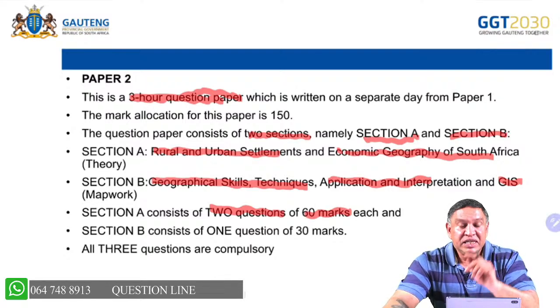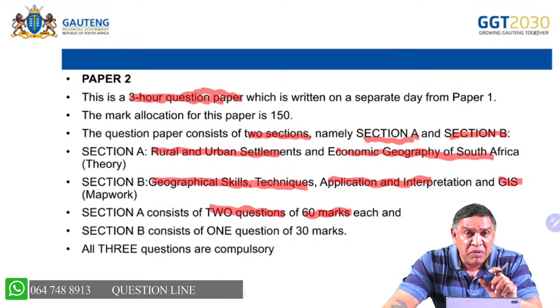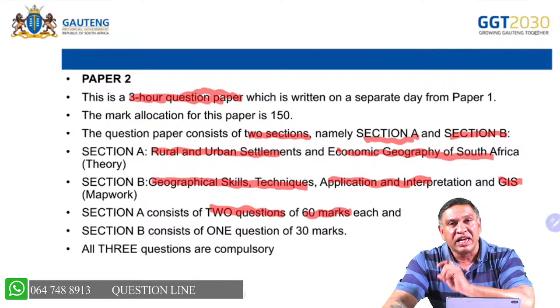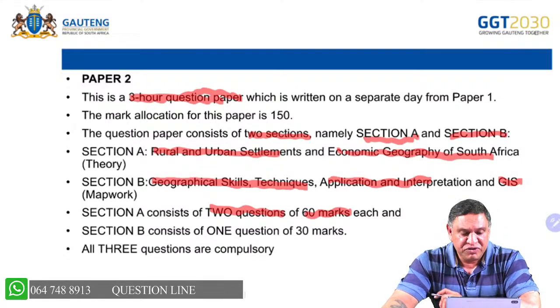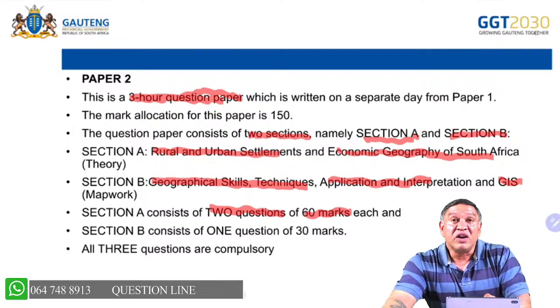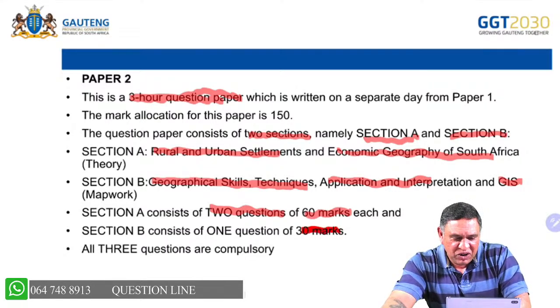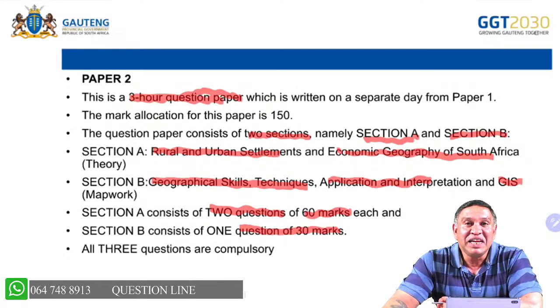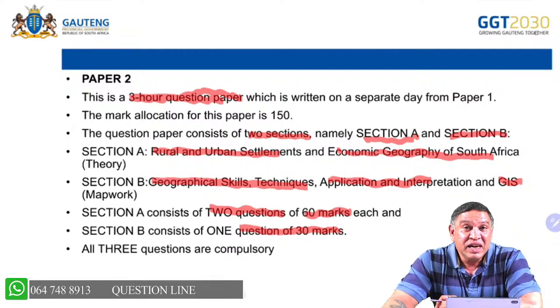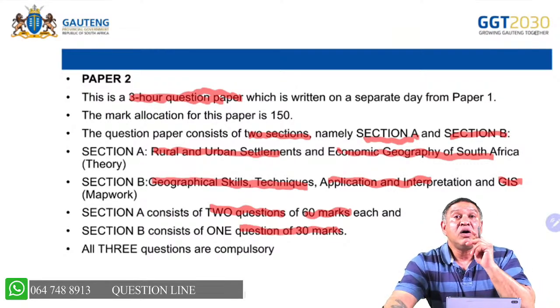And remember, each question will be 60 marks on rural and urban settlements, 60 marks on economic geography of South Africa. And then, of course, what you commonly call map work is made up of 30 marks, and that will incorporate your settlement and your economic geography, making the paper 150.